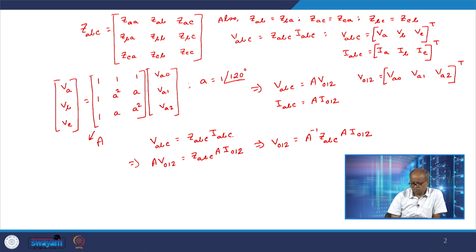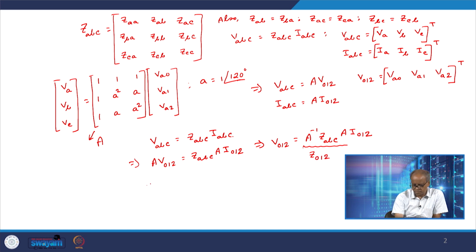Now this is in the zero sequence, positive sequence and negative sequence domain, so this is basically the sequence voltages, and this is nothing but the sequence current. So this relation relates the sequence voltages with the sequence current, and this expression is known as the sequence impedance.